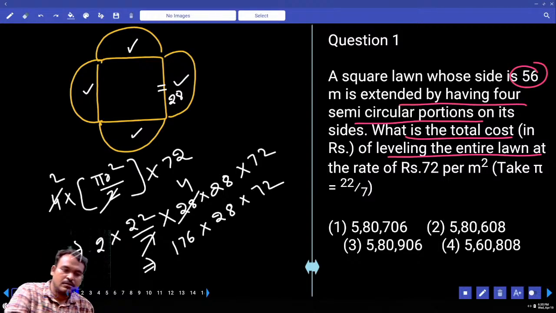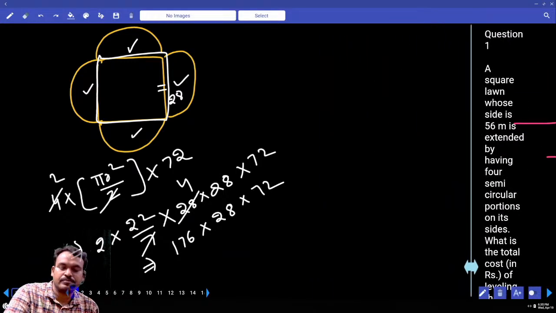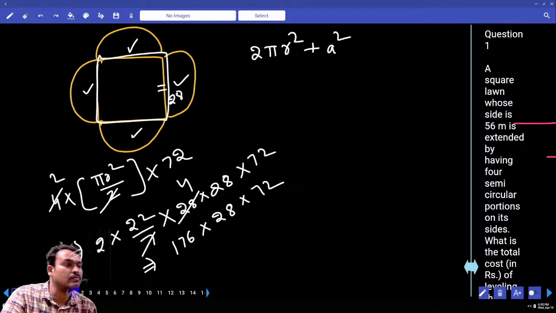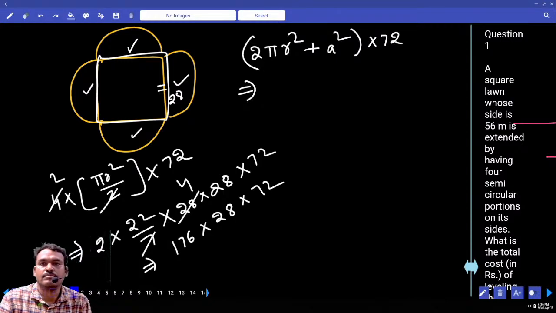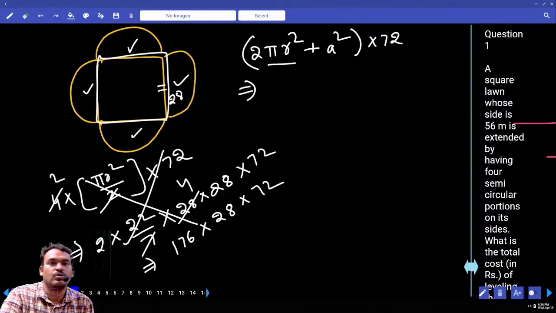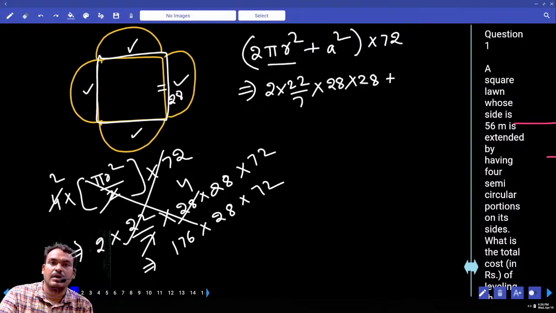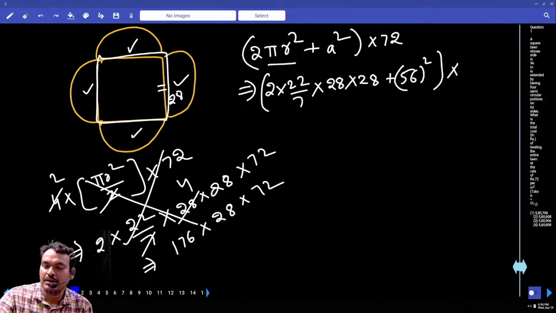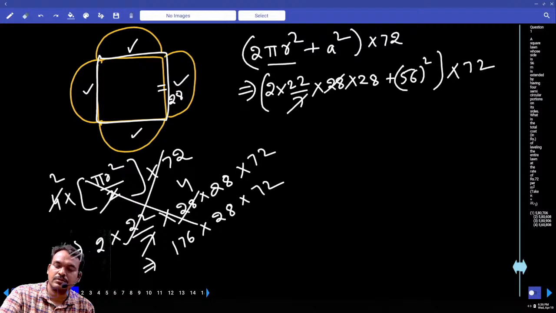Again, the area of the square is added, not subtracted. The area of the 4 semicircles is 2 pi r square, plus the square area, a square, and then it is multiplied by 72. So 2 pi r square plus a square, into 72. 2 pi r square means 2 into 22 by 7 into 28 into 28, plus a square, which is 56 square, multiplied by 72. 7 goes into 28 4 times.